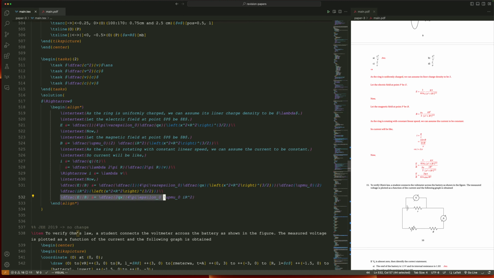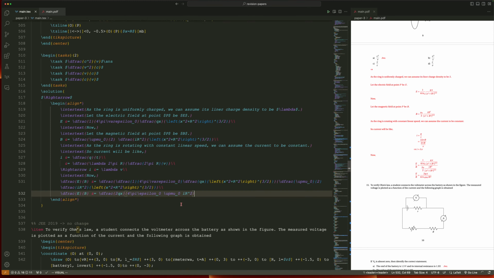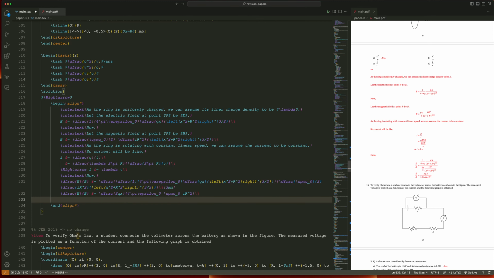So yeah, as you can see, E by V will get cancelled out, and 2 will come in the numerator: 2qx upon 4 pi epsilon naught, then mu naught I r square. Yes, I r square, and now let's put some extra spaces, that will hopefully do the job. 3 millimeter will be fine.